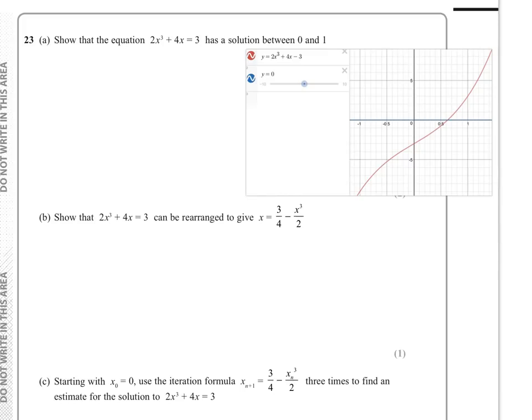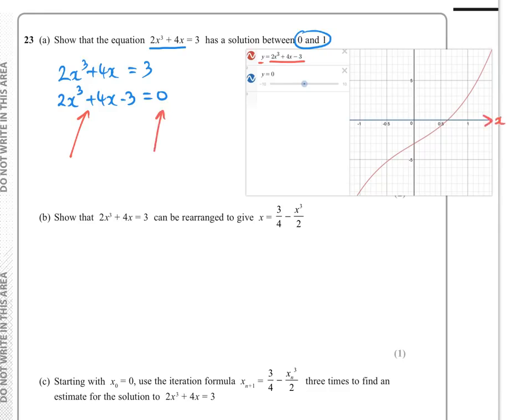Question 23. We've got to show that the equation 2x cubed plus 4x equals 3 has a solution between 0 and 1. Now, I would personally rearrange this to get everything on the left-hand side by taking 3 off both sides, and then I would simply look at this expression, 2x cubed plus 4x minus 3, call it y, so we can plot it, and then look at this expression, which is easy, it's just y equals 0, i.e. the x-axis.